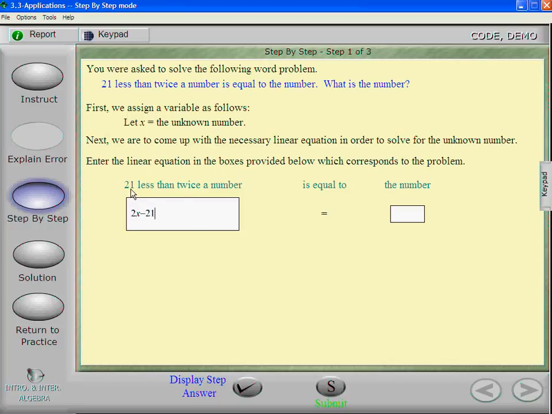Even though the 21 comes first, 21 less than means 21 less than twice the number. 2x minus 21. Okay, and then it says is equal to the number, which is x. So in pieces, 2x minus 21 equals x.